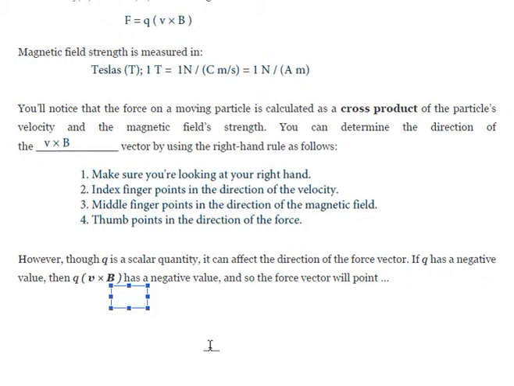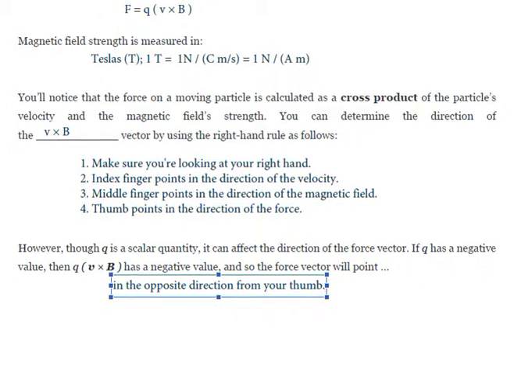So when you do these right-hand rules, it sets it up for a positive charge. So if Q is negative, you just have to flip it in the other direction. So if Q V cross B is a negative value, so Q was negative, the force vector will point in the opposite direction from your thumb. So you do your right-hand rule. If your thumb points at you, but Q is negative, it should actually be pointing away from you.